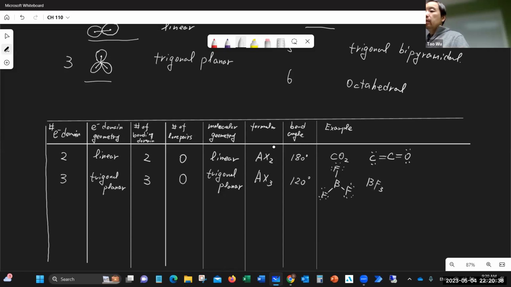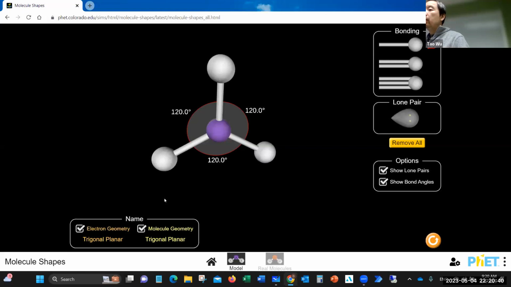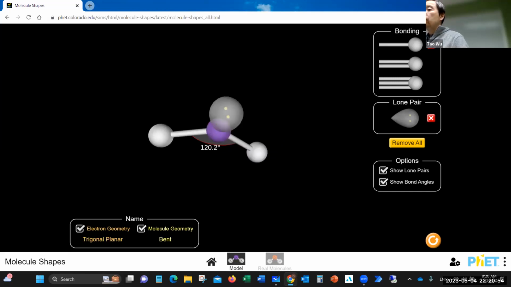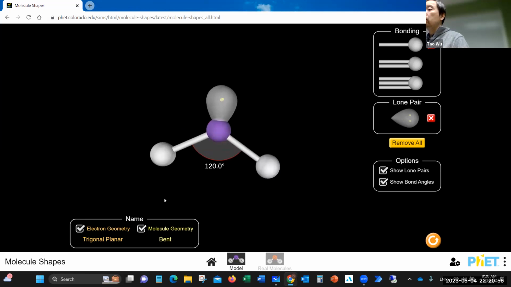But if we talk about three electron domains, there is a variation, which means we may have only two bonding domains, and one of them, instead of a bonding domain, becomes a lone pair over here. Again, lone pairs are invisible, which means although it occupies space, it is not seen.